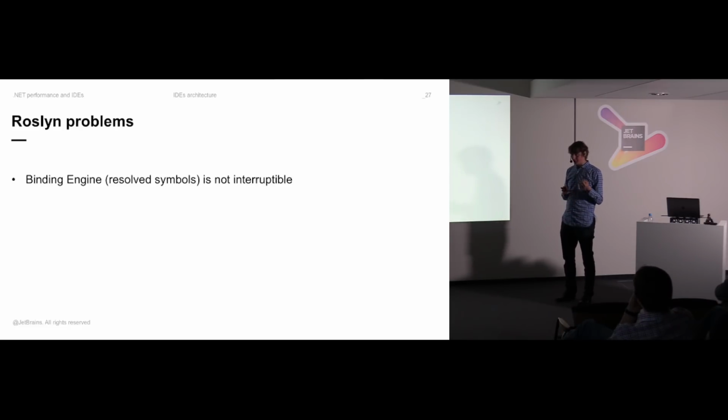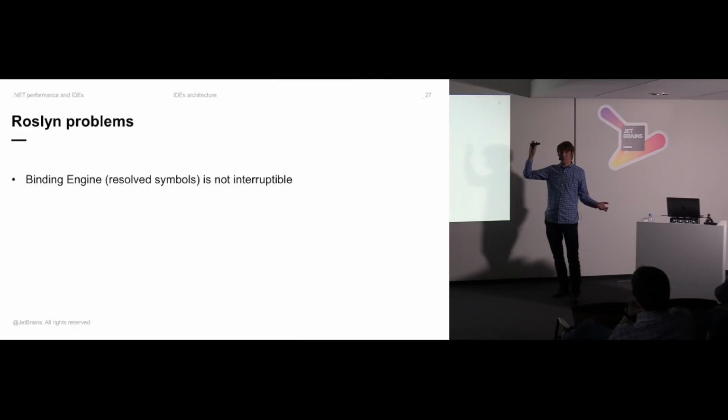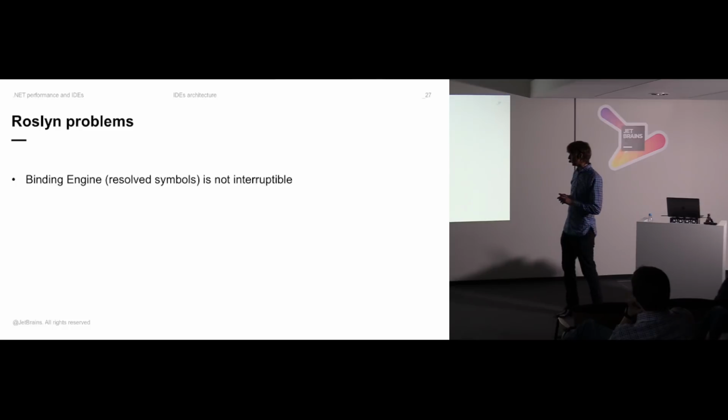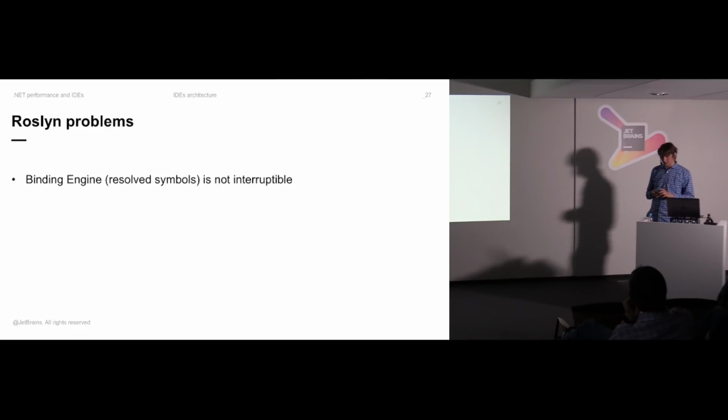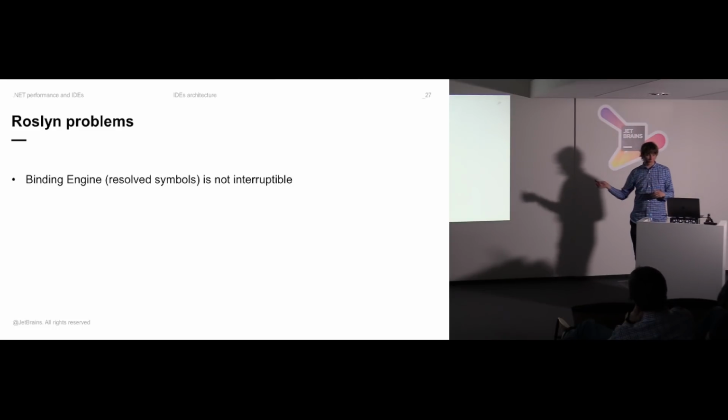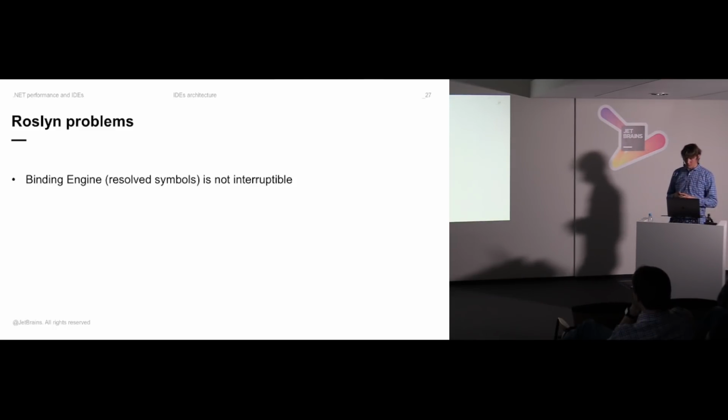This binding engine is very tricky for C# because there is overload resolution, for example. There are, let's say, 5 foo methods with different overloads. They are generic, all this stuff. So it's a very complicated engine, and it doesn't know whether it was asked from an out of date thread or not. It just gives you all the results, consumes CPU and allocates memory. So this engine is not interruptible, and they don't know how to make it interruptible. Or maybe they know, but it's very tricky.